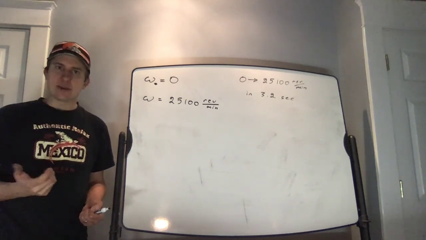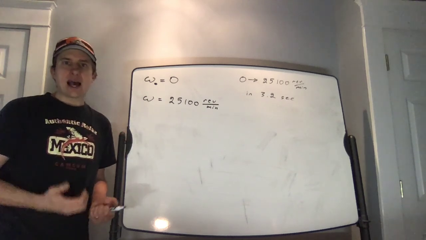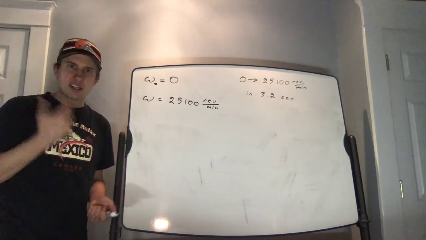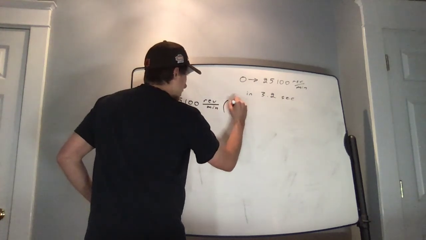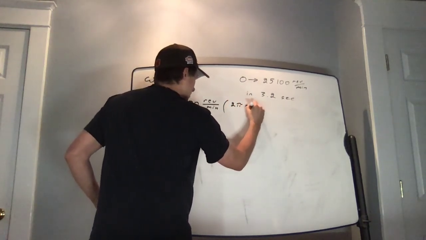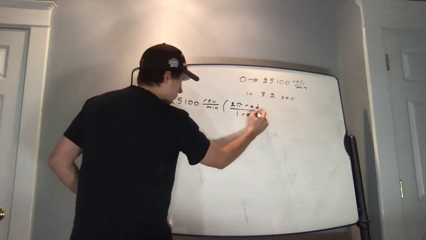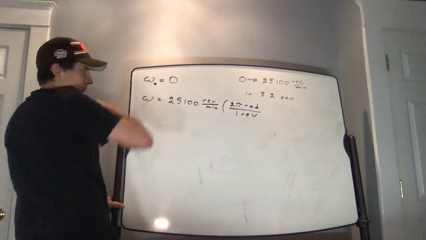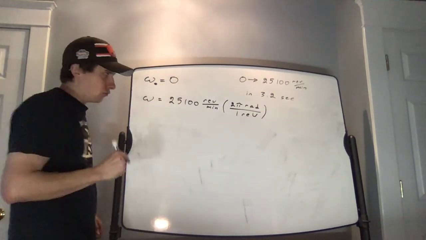When we work with rotational motion problems, we want to work with our angles in radians and our time measured in seconds. So revolutions per minute, I will convert to radians per second. I could say that there are 2 pi radians in 1 revolution. So I will put revolutions downstairs since revolutions is upstairs here. And there are 60 seconds in 1 minute.